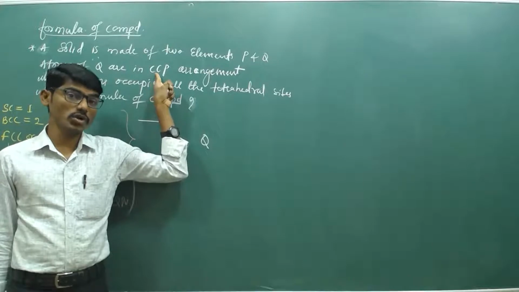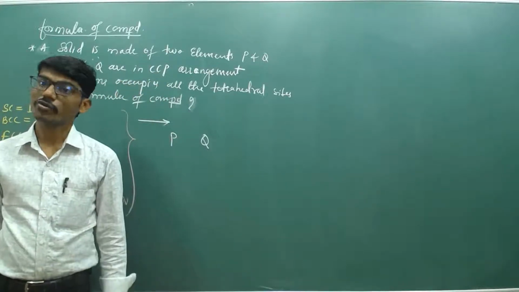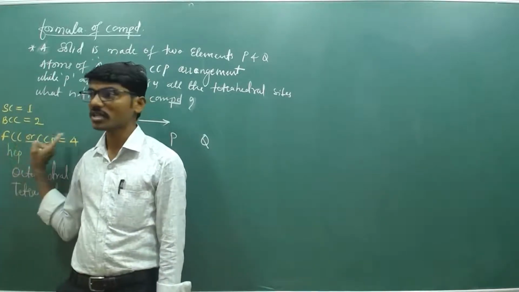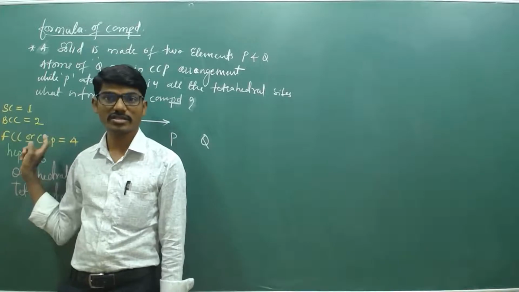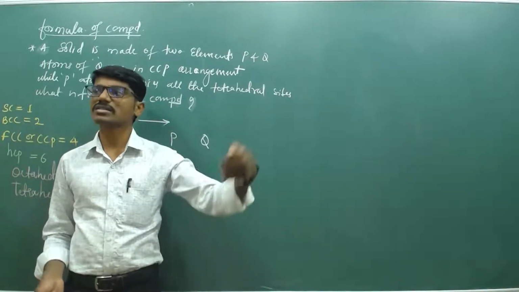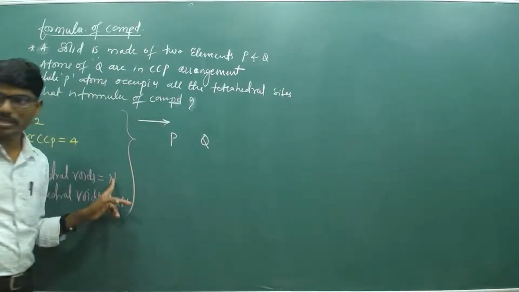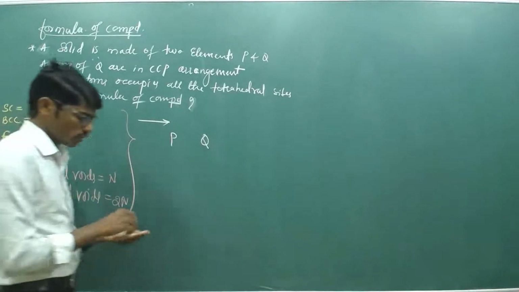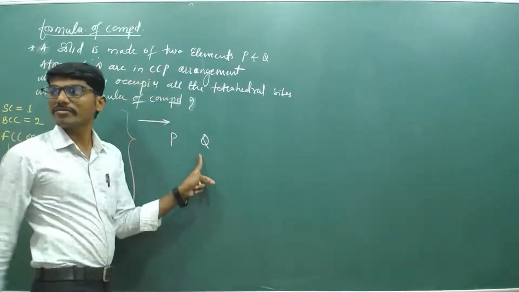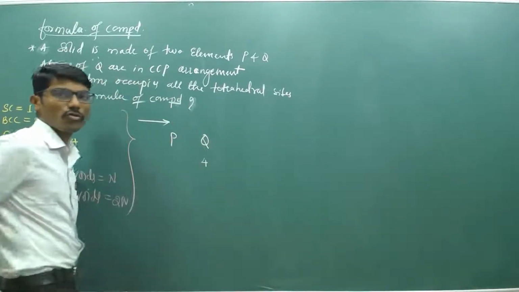That means in cubic close packed structure, how many atoms are there? 4 atoms, because for CCP or FCC, the number of spheres n is 4. The number of octahedral voids is the same as the number of spheres, because octahedral voids is n and tetrahedral voids are 2n, which is 8. So Q is in CCP arrangement, that means the number of Q atoms is 4.